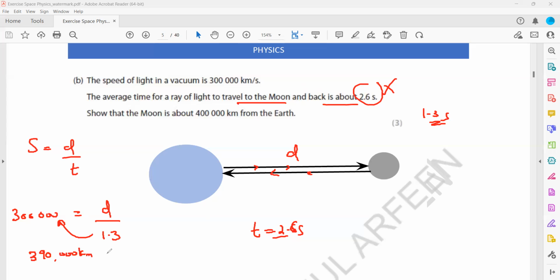Because the unit of the speed was kilometers per second, this is 390,000 kilometers. Is this one clear?